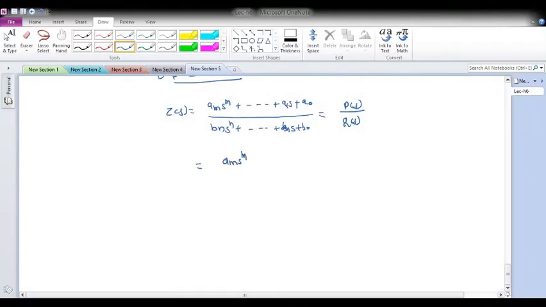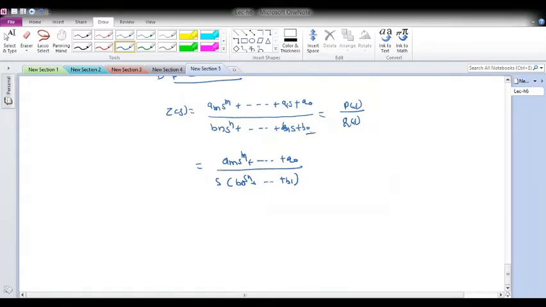The situation will be am s raised to m plus a0, for example, divided by s times bn s raised to n plus b1. So here b0 will basically be 0.